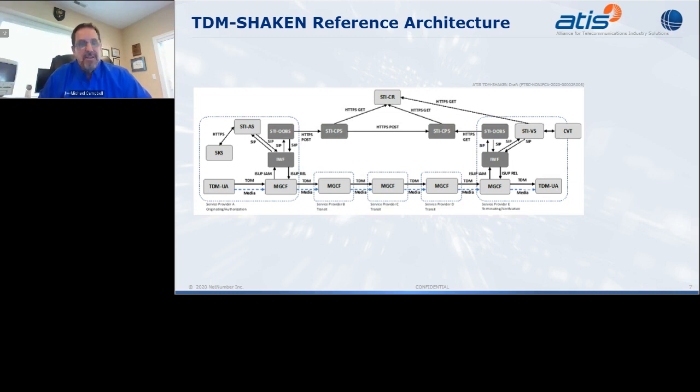And that's, at its essence, what STI-CPS is. It is just a cloud-based database into which an originating network can place a signature for a call and to which a terminating network can go to get the signature for the call. All the rest of STIR/SHAKEN stays exactly the same. All that really changes is how you transport the identity header from the originator to the terminator.